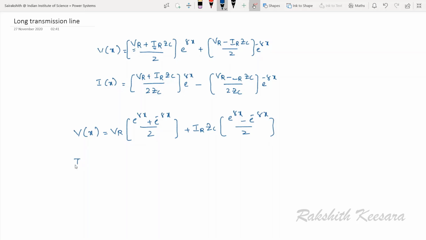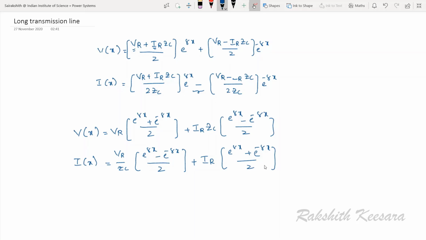Next, I of x will be equal to VR by ZC into e power gamma x, there is minus sign here, minus e power minus gamma x by 2, plus IR into e power gamma x plus e power minus gamma x by 2.